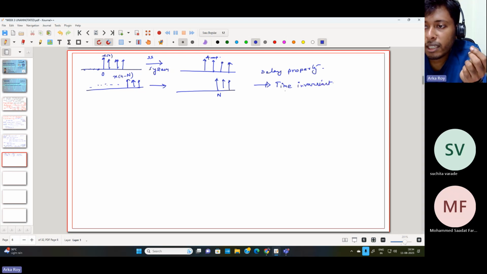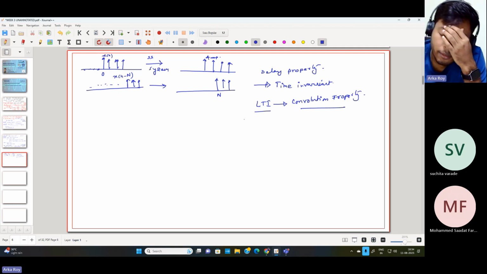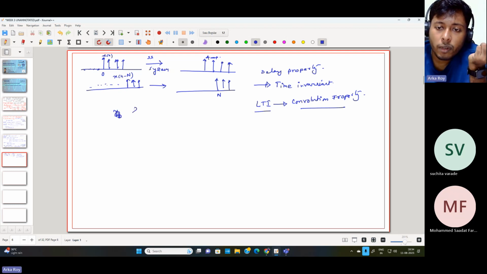So if a system is linear and time invariant, this is the LTI system. An LTI system follows the convolution property. Therefore, there are several questions where you have to find the impulse response of a steady state system.